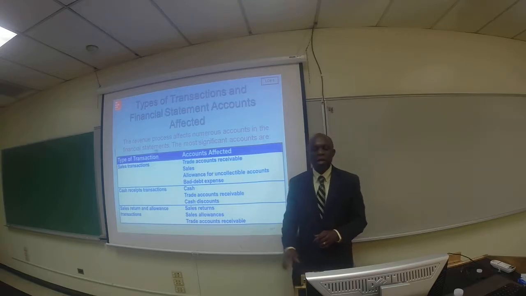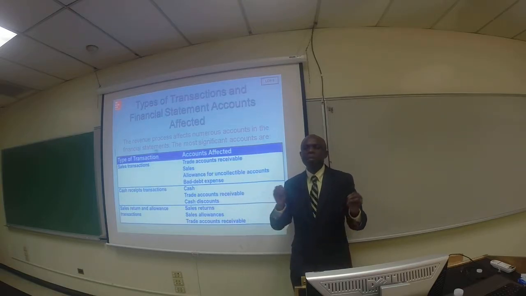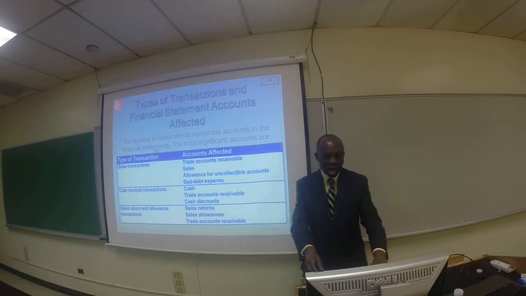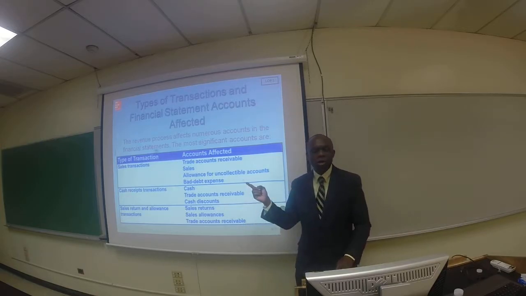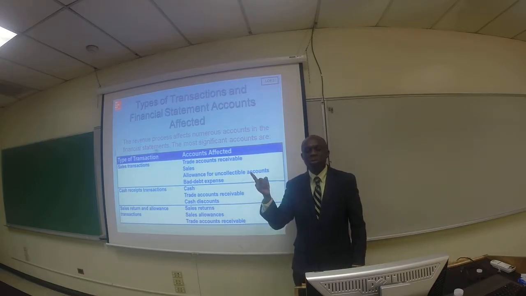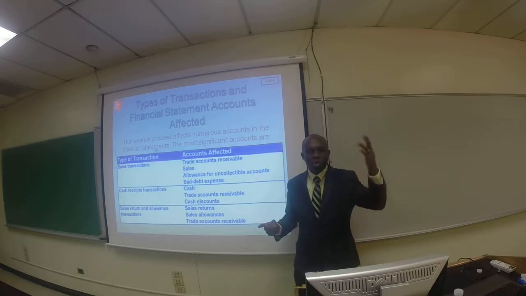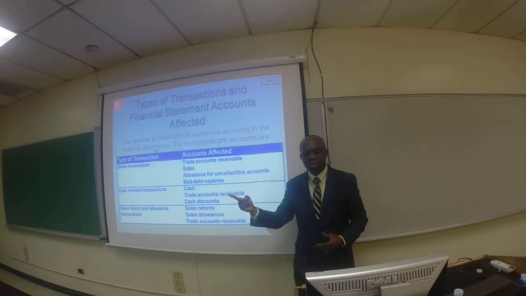Now, here are the types of transactions, but then the question is which accounts are affected. Take a look at the first one, sales transactions. When we sell, which general ledger accounts are affected? Obviously, accounts receivable. When we sell on credit, we debit accounts receivable and credit sales.